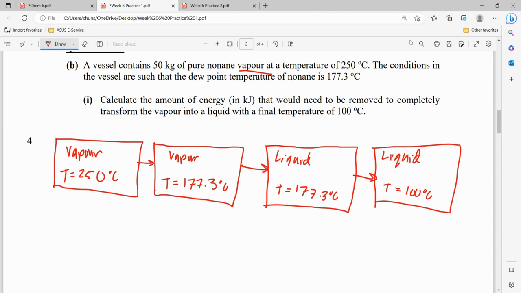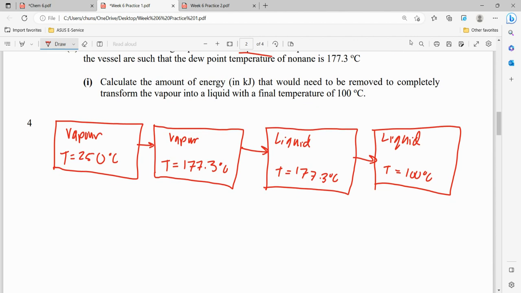Okay, so I'm just going to start with turning these into Kelvin. So 250 plus 273.15 is 523.15. We have 177.3 plus 273.15, and this is 450.45.